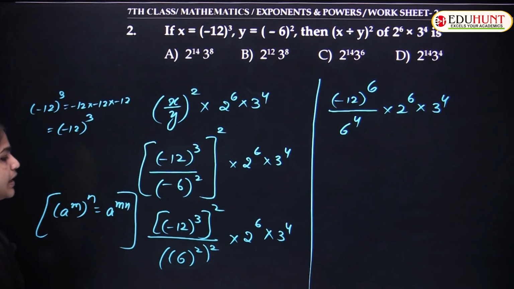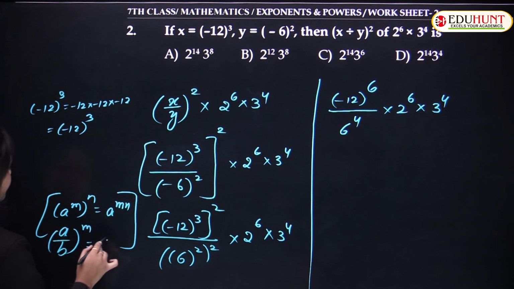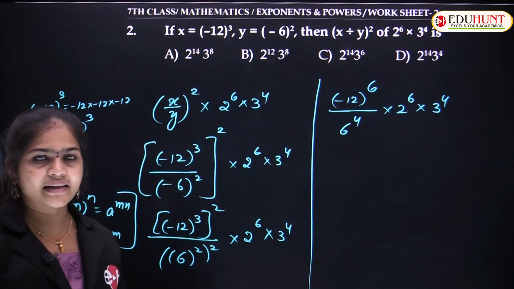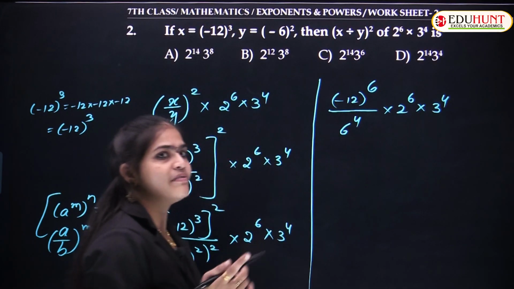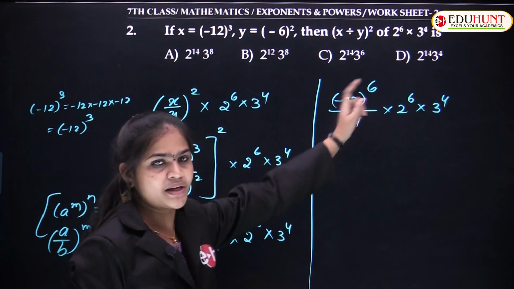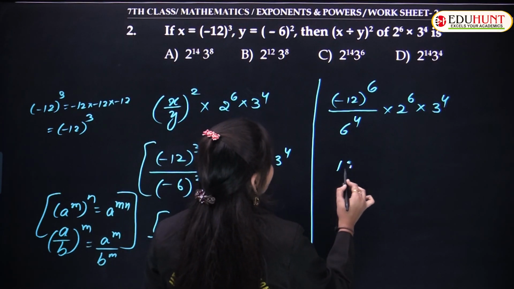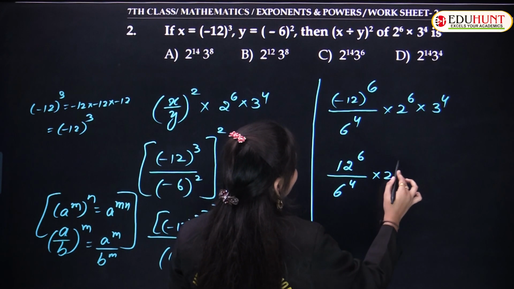And in a similar way we applied a by b whole power m is equal to a power m by b power m. That formula also we applied here. After that, minus 12 power 6. Minus 12 power 6 is positive only, no? Why? Because 6 is even. That's why we will get 12 power 6 by 6 power 4 into 2 power 6 into 3 power 4.